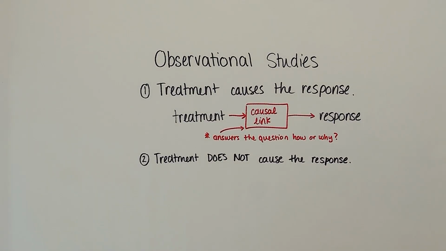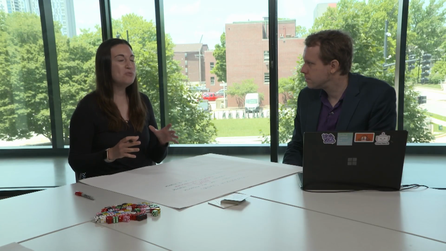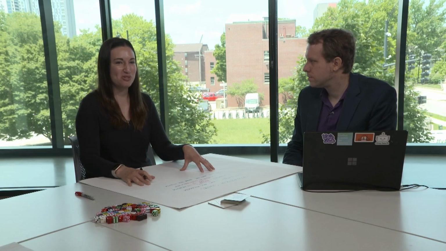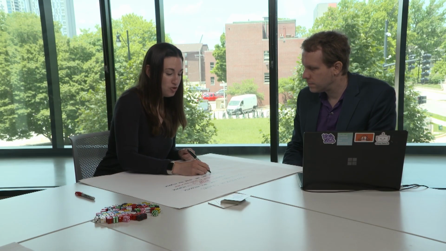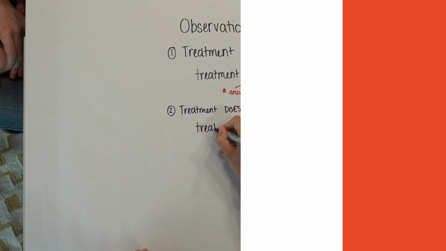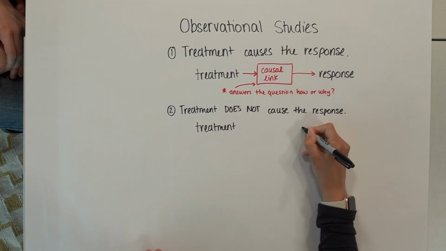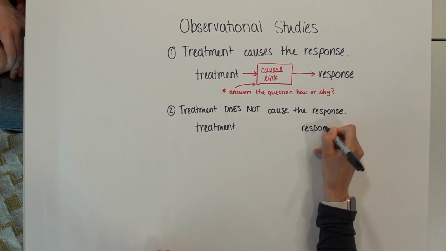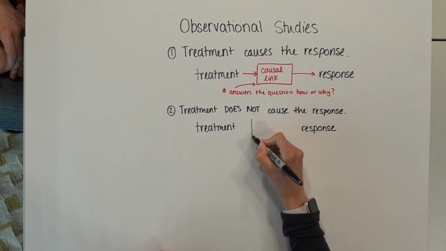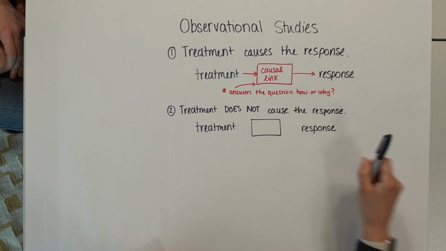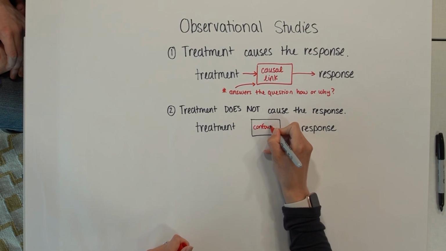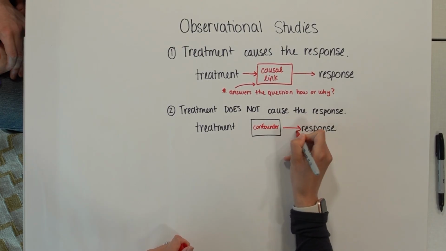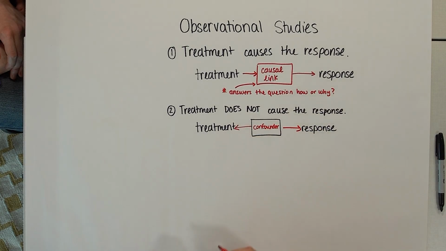Confounders are differences between the treatment and control group that make it look like the treatment is causing the response when really the confounder itself is causing the response. If I draw a similar diagram, we have the treatment and the response, and the confounder is something that mixes up our results. The confounder in the middle is what's actually causing the response, and it's also related to the treatment.